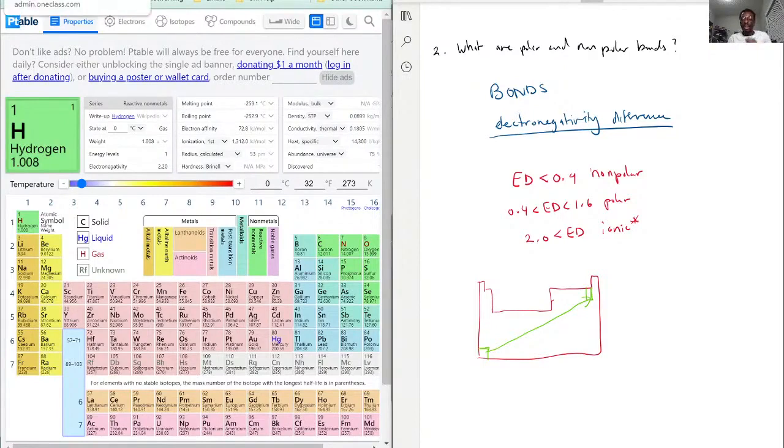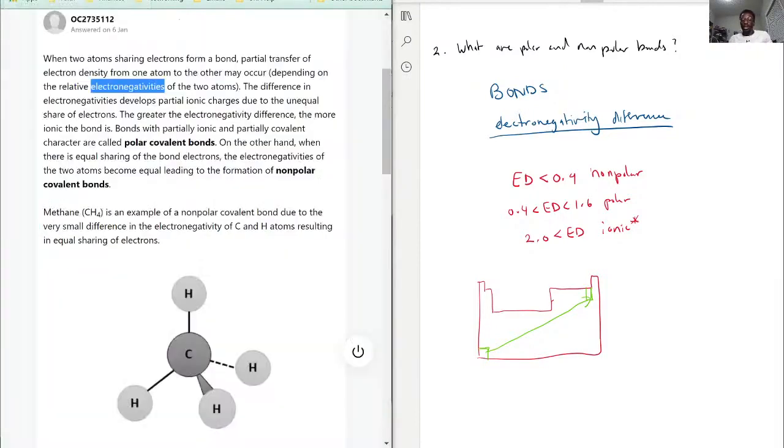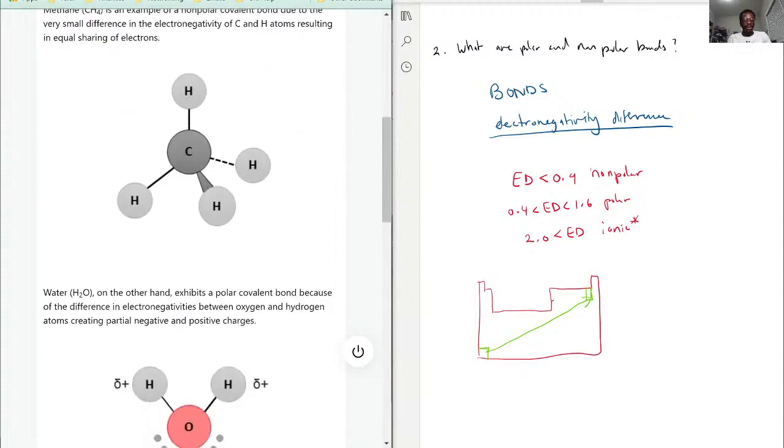Yep, 0.35. Yeah, it is 0.4. In fact, I would always check with your instructor, because they do have specific rules they follow, like this whole polar versus ionic. Make sure that whatever notes you're given, you follow that, because that should answer what is determined as a polar or non-polar bond. So CH4, that is non-polar.